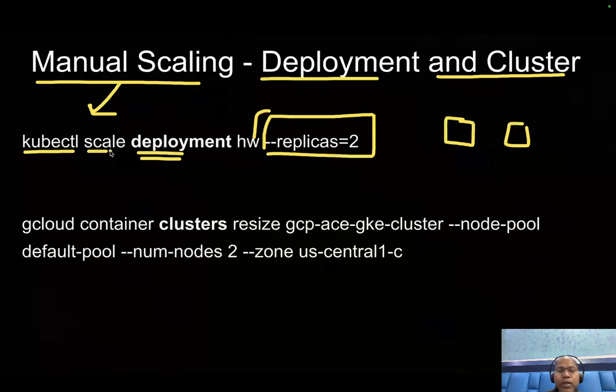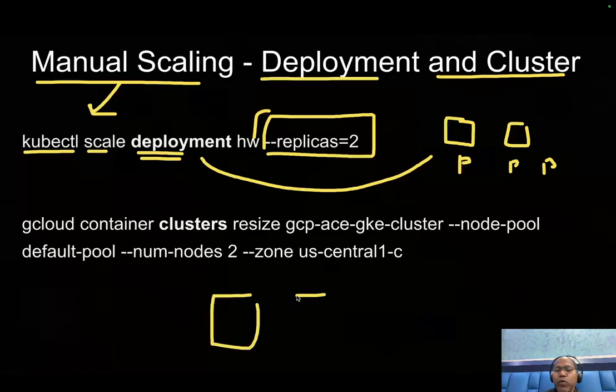Sometimes you want to increase your nodes. They are increasing the number of pods, pod 1, pod 2, pod 3, but pods run inside nodes. How can you add more nodes, or you can say increase the cluster?